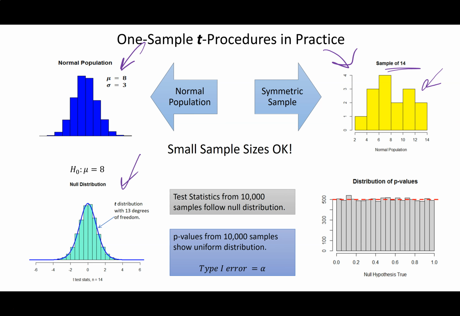So when you run your tests, your sampling distribution is going to be nicely shaped, and your type 1 error is going to be right at whatever you set your significance level to be. That's going to be good. We never want it going notably higher. If your type 1 error rate is higher than what you're setting it at, this is a problem. So small sample sizes are okay if you know that the population's normal.